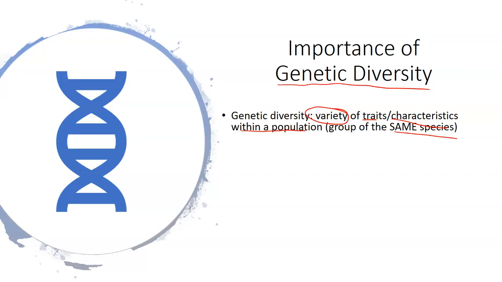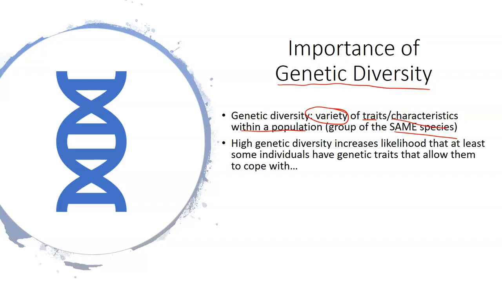So having genetic diversity within a population of humans is not just the variety of skin color. Some people are taller, some people are shorter. We also have variety in resilience to pathogens and certain diseases. Okay, we have varieties of talents, varieties in how fast we can run. All of those things are genetic diversity.